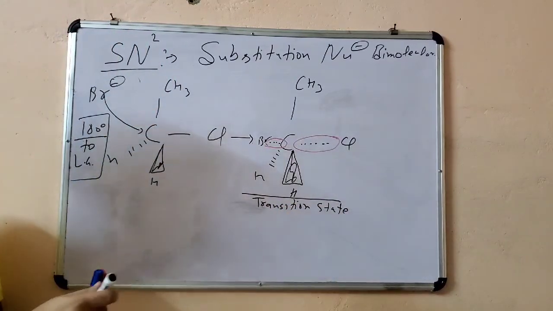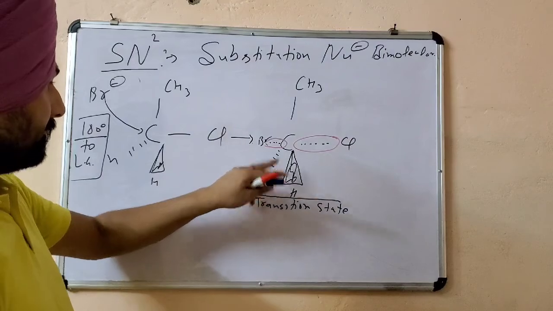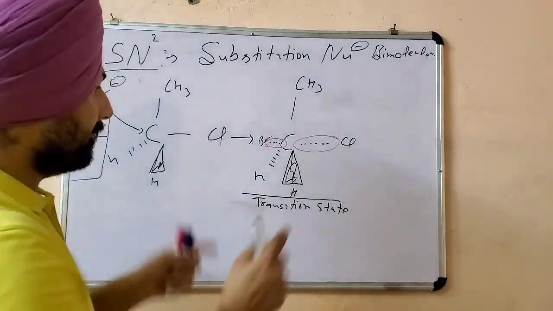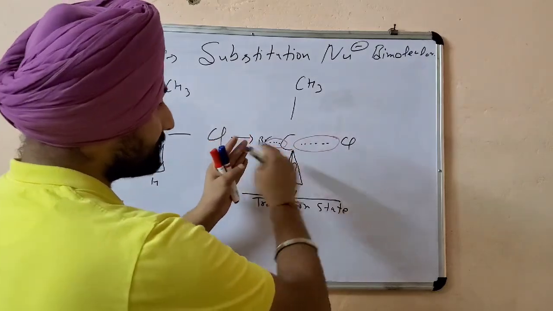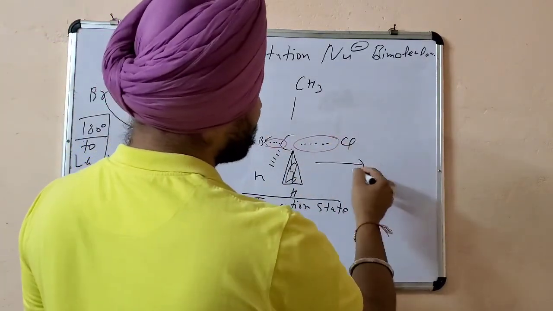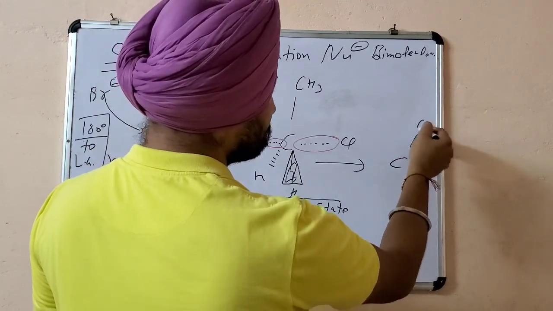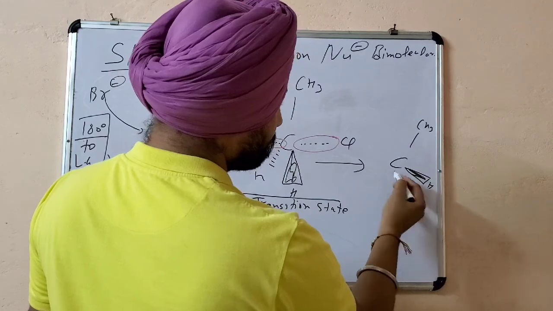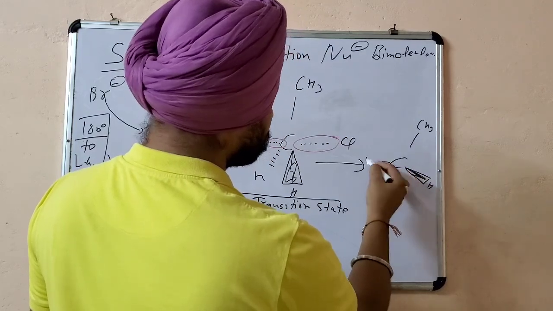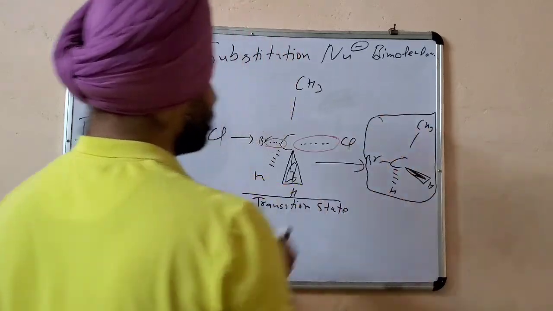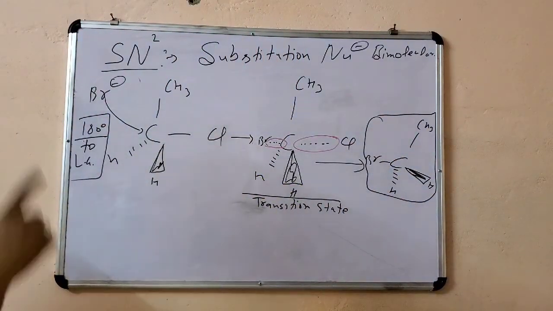This is the transition state, via which the carbon appears pentavalent, but carbon cannot be pentavalent. So one bond is forming and another is breaking simultaneously. At the end, the product we get is CH3 with the new group; this is the product in this SN2 reaction.